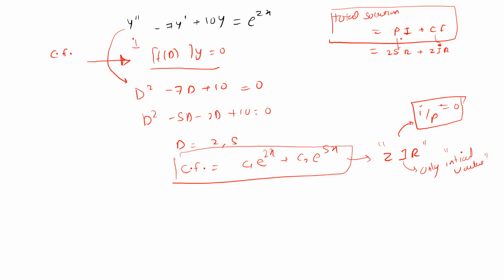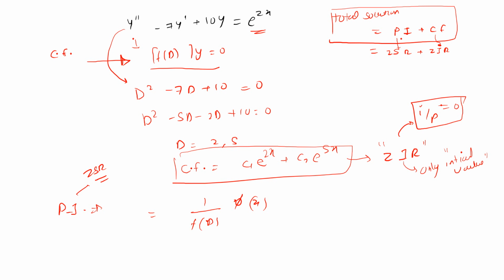Next we need to find the PI solution. The PI is 1 upon f(D) times phi(x). Because e^(2x) makes this a non-homogeneous equation, we need to find the particular solution also, which is known as the zero state response.